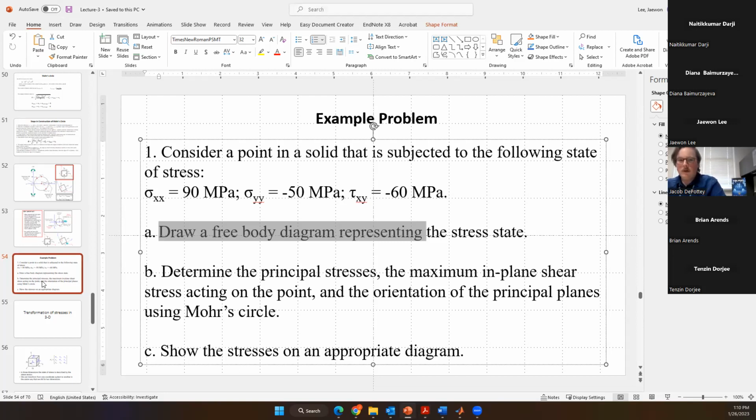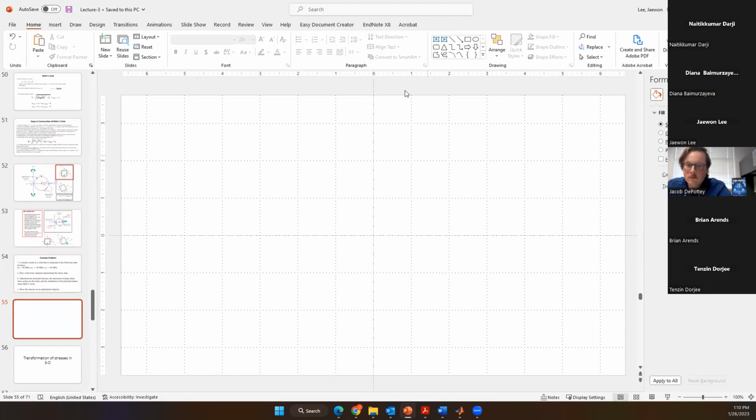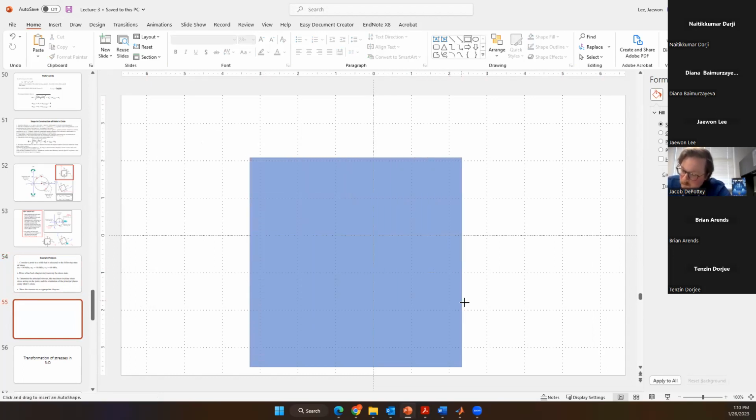Do you know the free body diagram? It's like this.